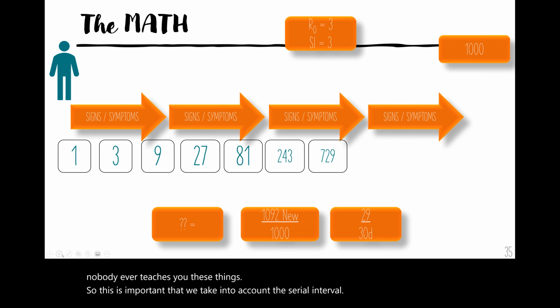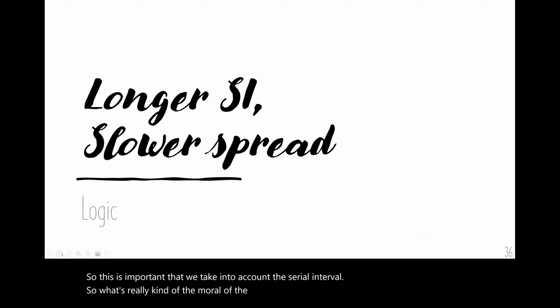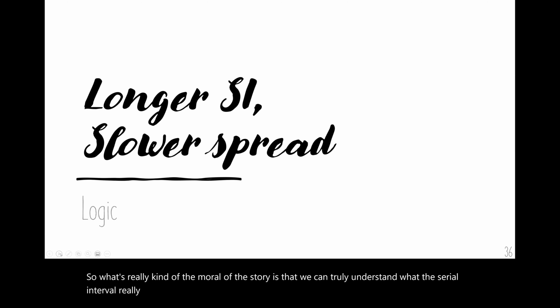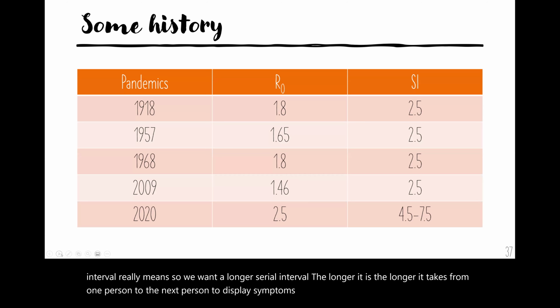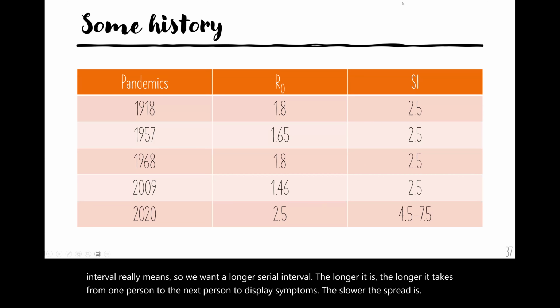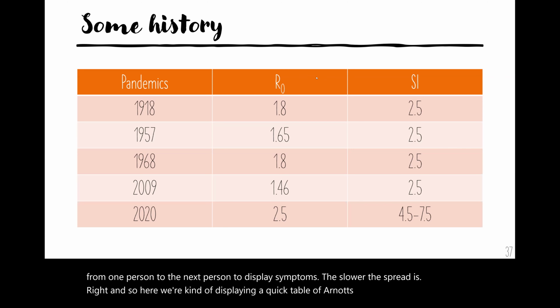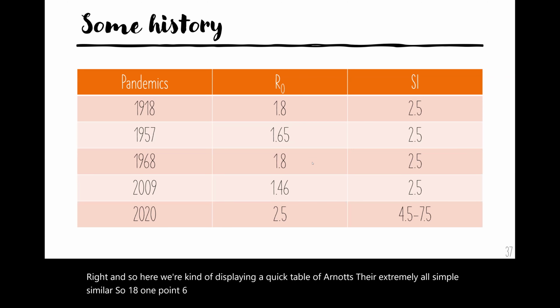So what's really the moral of the story is that we truly understand what the serial interval really means. We want a longer serial interval. The longer it is, meaning the longer it takes from one person to the next person to display symptoms, the slower the spread is, right? Here we're displaying a quick table of R naughts. They're all extremely similar: 1.8, 1.65, 1.8, and so on. Yet with similar R naughts the serial intervals change dramatically, right?